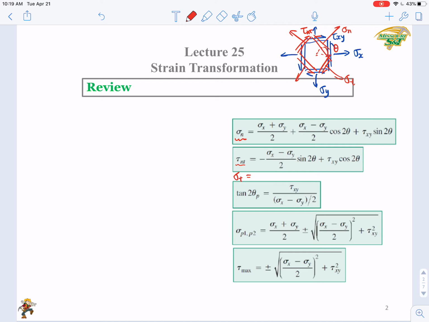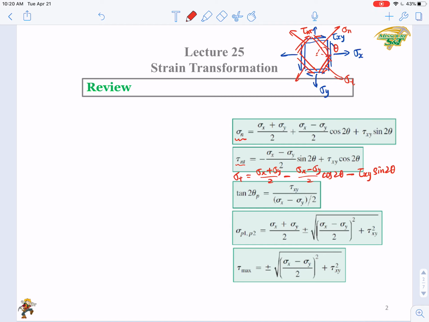So you can just use a similar equation to the first one, right? It's just sigma x plus sigma y over 2 minus sigma x minus sigma y over 2 cosine 2 theta and minus tau xy sine 2 theta. Right, you get the third equation. Those are the three equations you can finish your stress transformation.